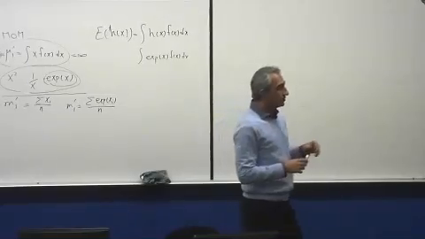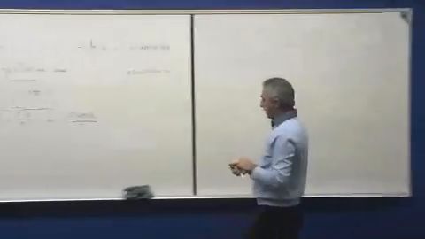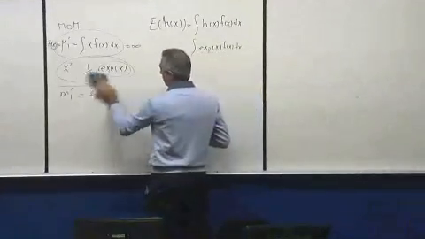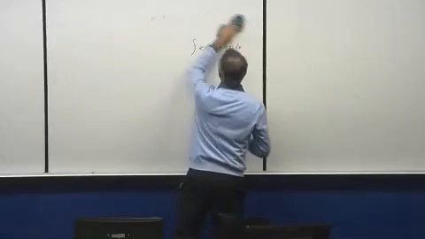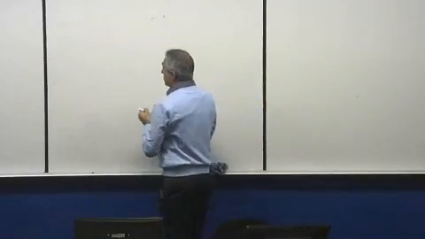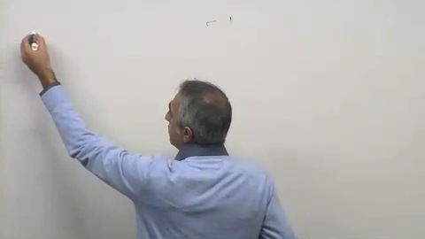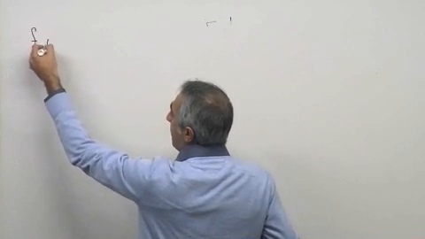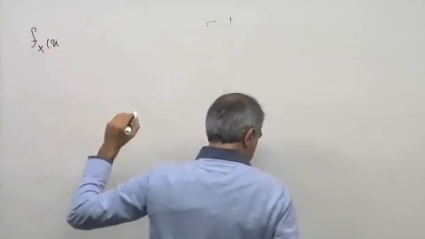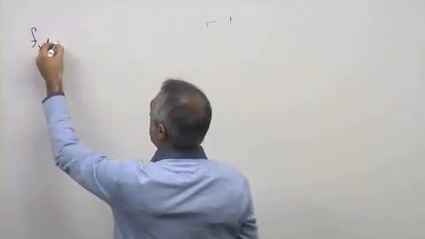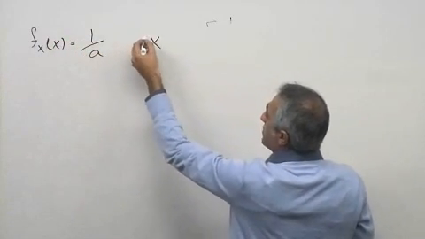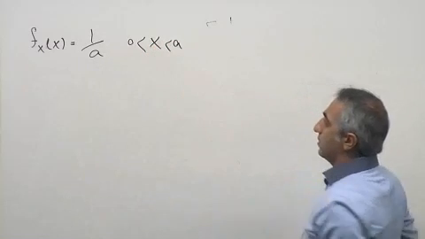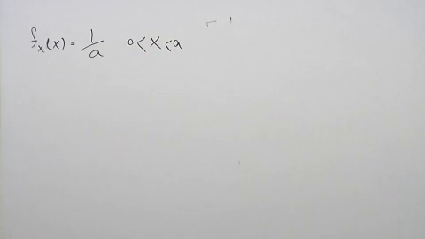Before I start with confidence intervals, I want to go over this example one more time, the example for the uniform distribution. We want to use MLE to estimate the upper limit.